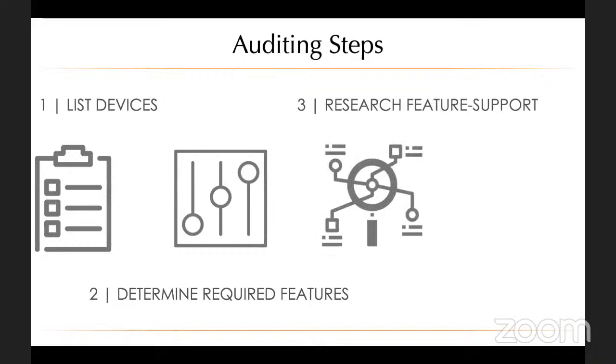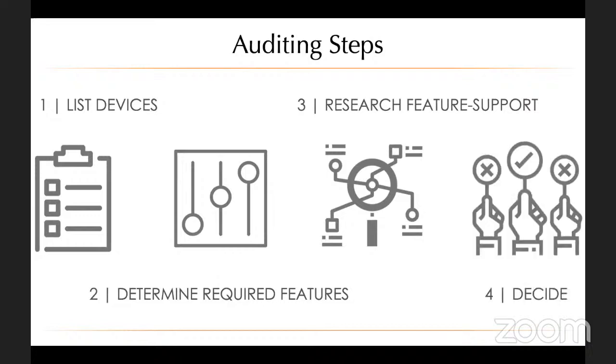There are many ways you can look at the feature support. You can use the data sheets. You can use the feature navigators online for these various vendors. And then, of course, you need to make a decision on the next step of action. Are you going to get maybe a VM to do that functionality?